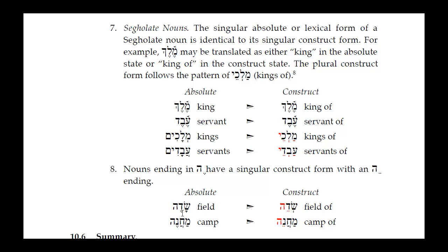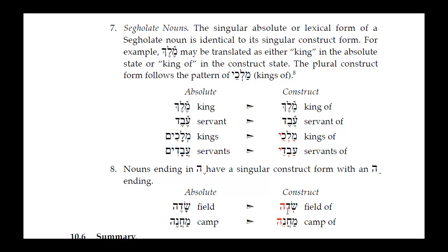The segol lengthens to a tsere, and because the qamets under the sin is an open, unaccented syllable, it reduces to a simple shewa. So in the construct you have sedeh, field of.